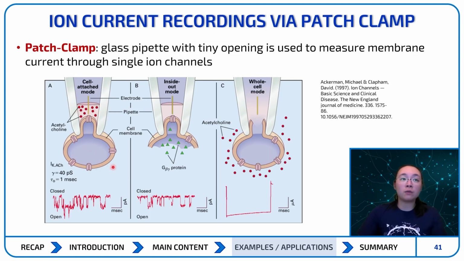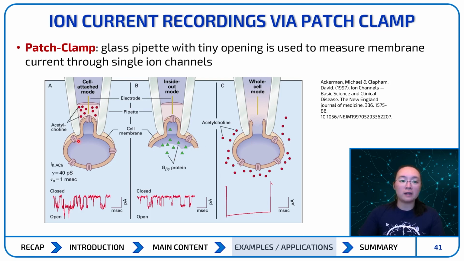And then you have your neuronal membrane over here. You have these potassium channels that are sensitive to acetylcholine. If they sense the presence of acetylcholine, they will open, and then you will have a gate that opens up, and you can detect the conductance across the membrane. So that's one example.